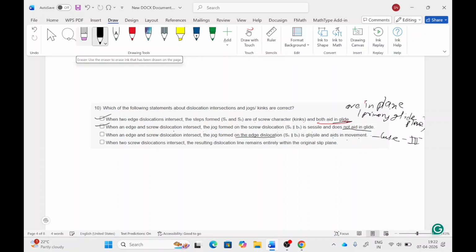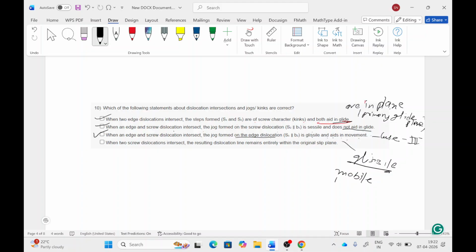So in that condition, the jog will be mobile. Mobile and glissile are the same word. So that jog adds in movement or glide. So third option is also correct.